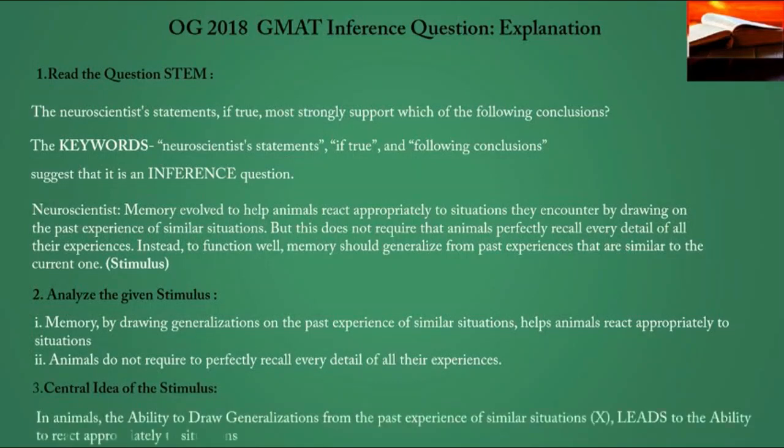Thus, the central idea of the stimulus is, in animals, the ability to draw generalizations from the past experience of similar situations leads to the ability to react appropriately to situations. I analyze the options and apply elimination techniques.